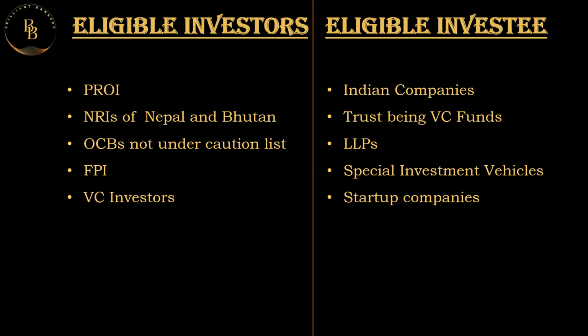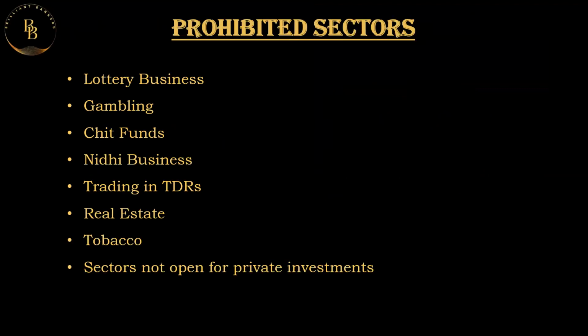There are some prohibited sectors also. Some prohibited sectors are the lottery business, including government, private, and online; gambling and betting, which includes casinos; chit funds; nidhi businesses; trading in transferable development rights; real estate business, which includes the construction of farmhouses, etc.; manufacturing of tobacco, cigarettes, and tobacco substitutes in India; and sectors that are not open for private investment, like atomic energy and the railways.